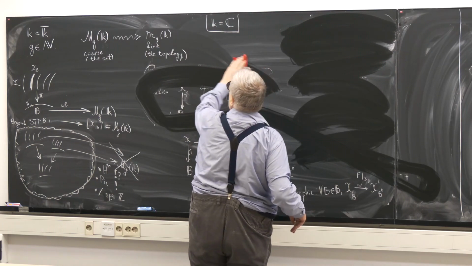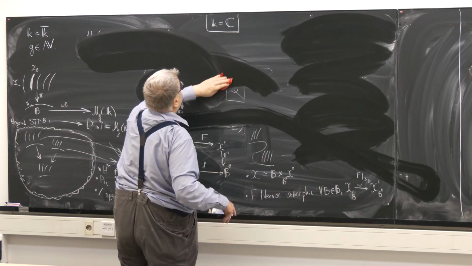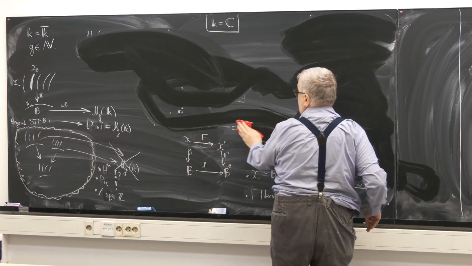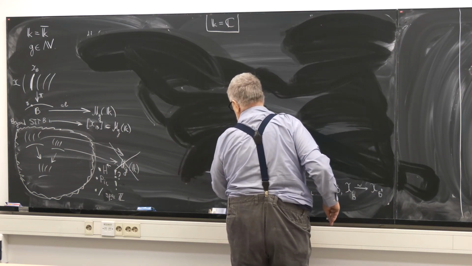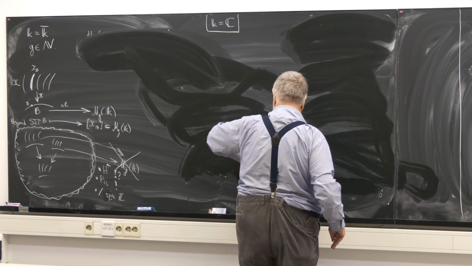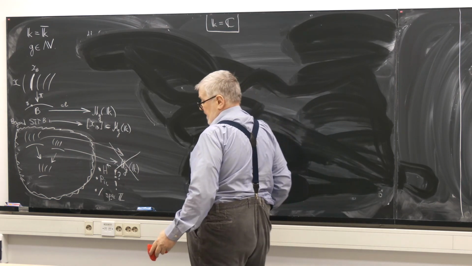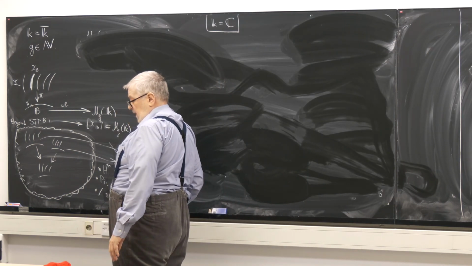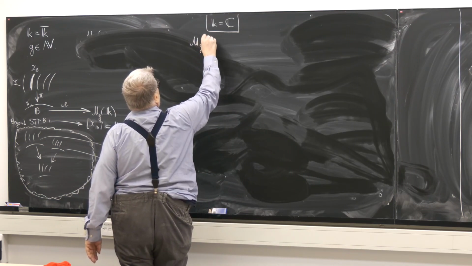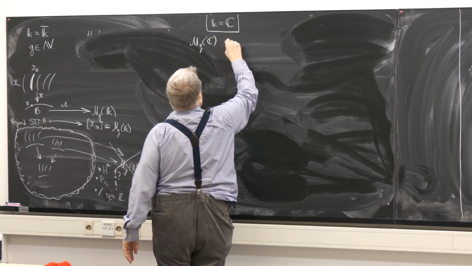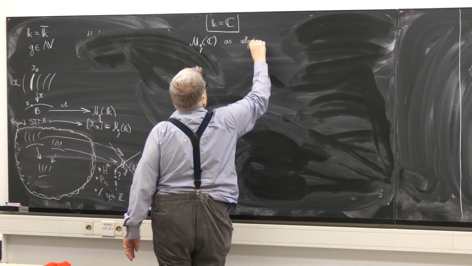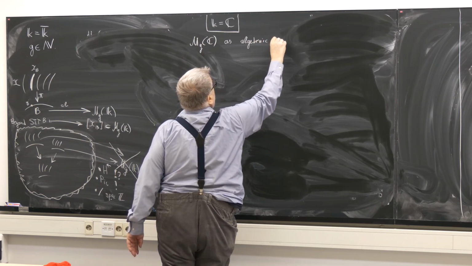And to the end of today's lecture, we'll assume that the ground field is the field of complex numbers, and let me remind you that the main problem is the M_g of C as an algebraic variety. It was not yet defined.